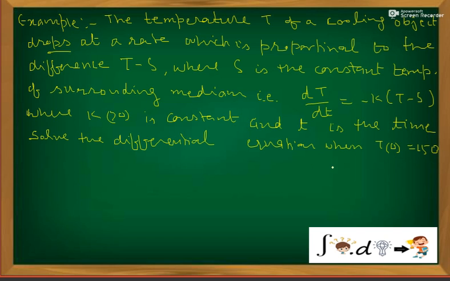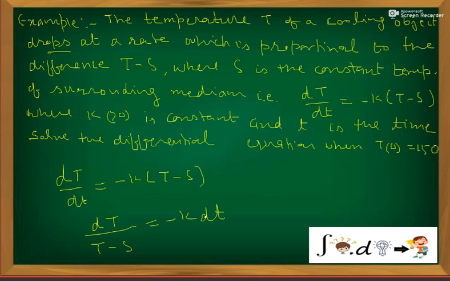And now we have to solve. We have given this dT by dt, this capital T is the temperature and small t is the time, that is equal to minus K into T minus S, and therefore by separating the variables we can write dT upon T minus S is equal to minus K dt.